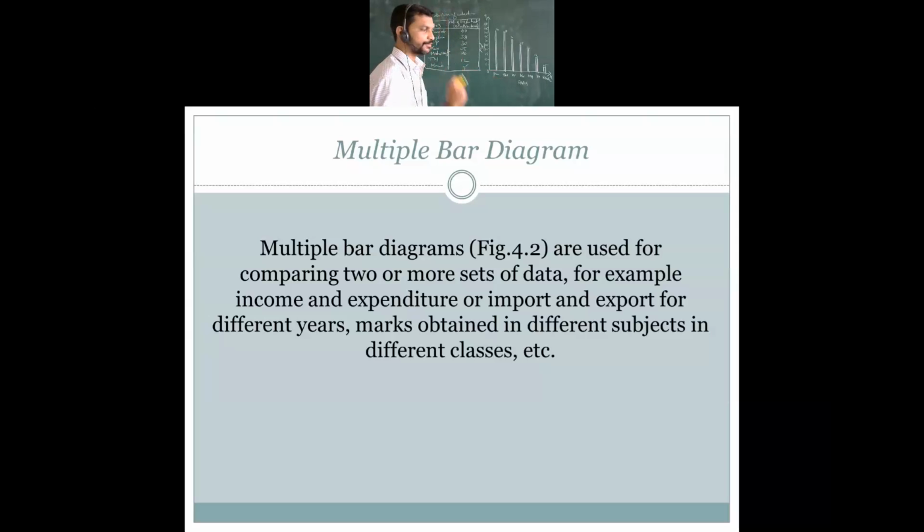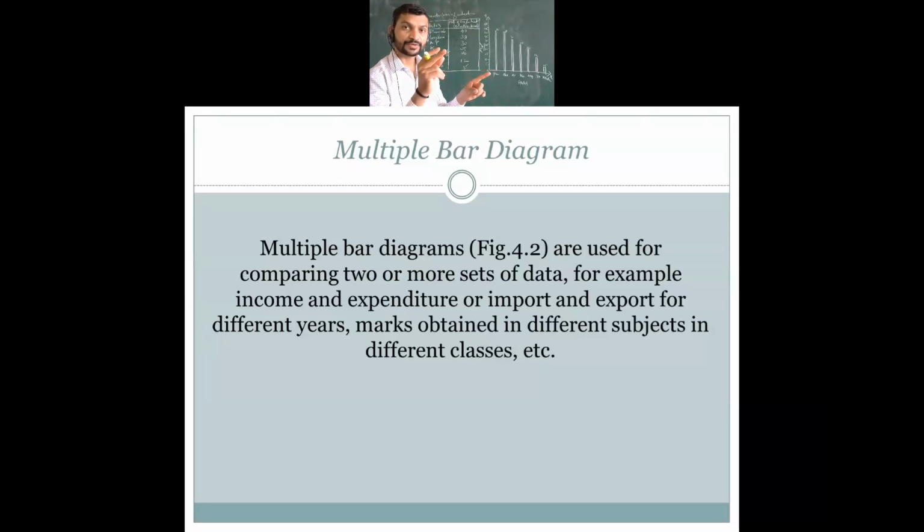How it is, we are going to discuss. In the next slide you can see figure 4.2. Multiple bar diagrams are used for comparing two or more sets of data. Just like if you go for the literacy rate, in the year 2001 it was less, in 2011 it is more.